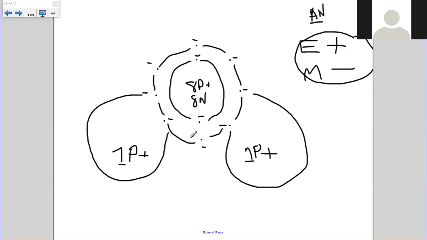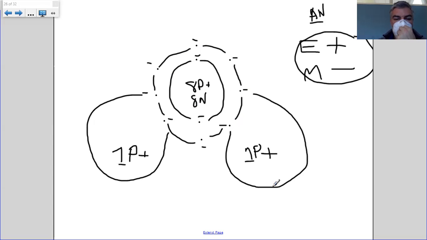Okay. Nevertheless, I've got 10 electrons. And I've got eight on that outer shell and 2 on the inner shell. So they all want to hang around the nucleus of oxygen because oxygen's got a positive charge of 8. They don't want to hang around here because there's only a positive charge of 1. 8 is greater than 1, so the electrons want to hang around oxygen.